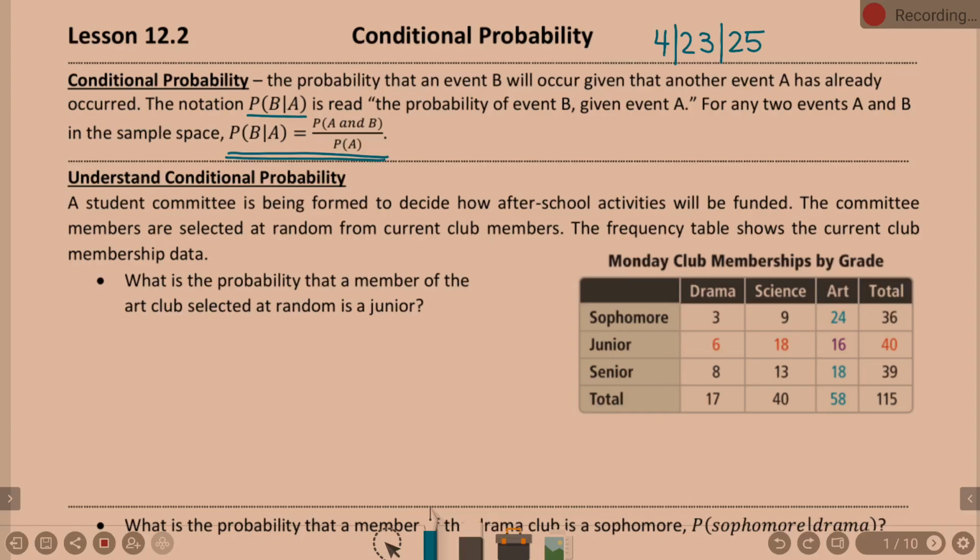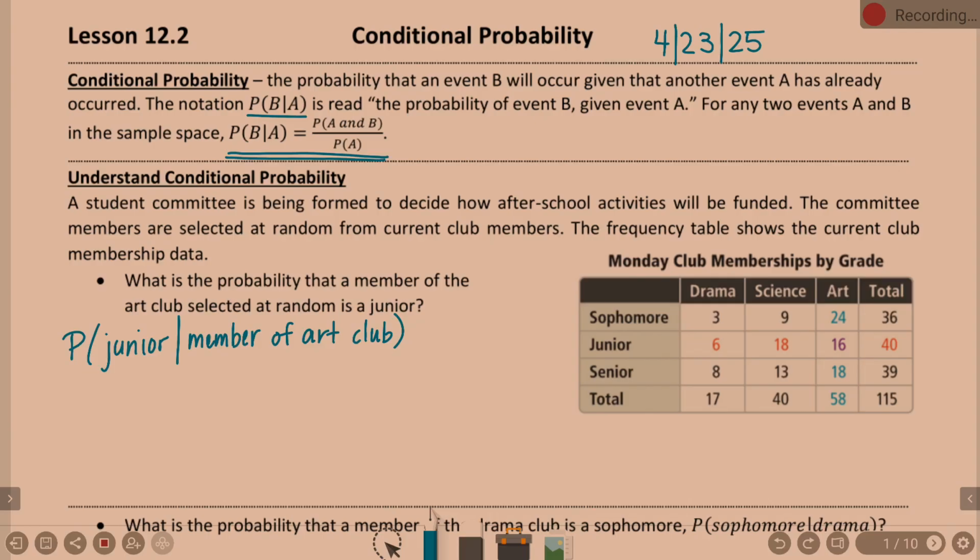Now, in terms of writing it out, and a lot of times they'll have it written out for you, it's the probability of a student being a junior given that they are a member of art club. So that's what that question is asking in terms of conditional probability.